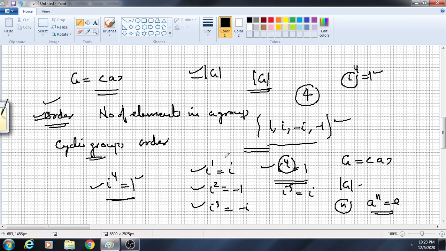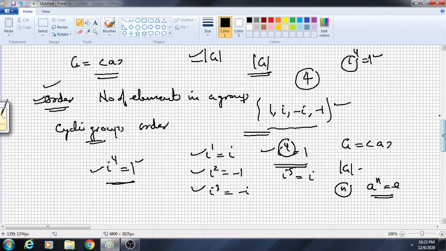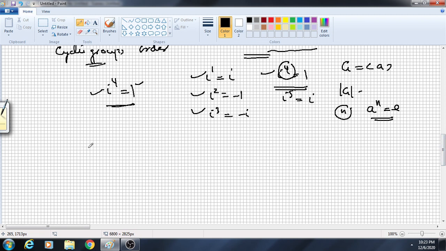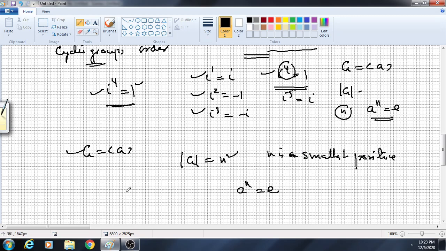Looking at that, we are going to establish that if your group is generated by an element a, the order of that group is the number n, where n is the smallest positive integer with the property that a raised to n is equal to e, where a is the generator of that group and e is the identity.